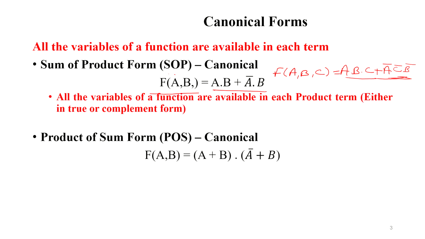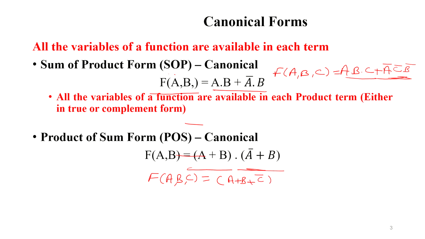Similarly, we can write for the POS form. Again two variables are there, A and B, and both are available here. Let us take the example of three variables now: A, B, C would be equal to A plus B plus C bar.